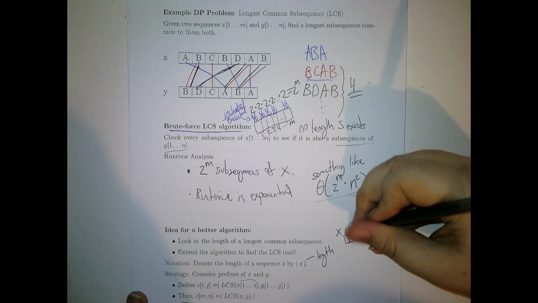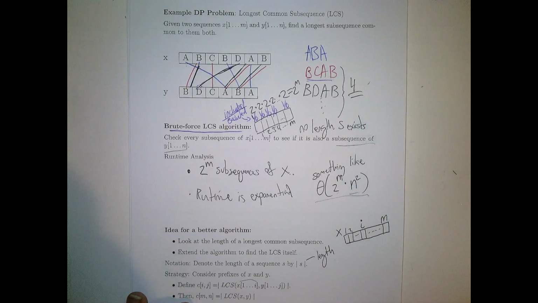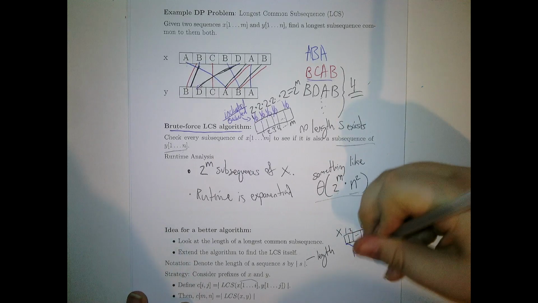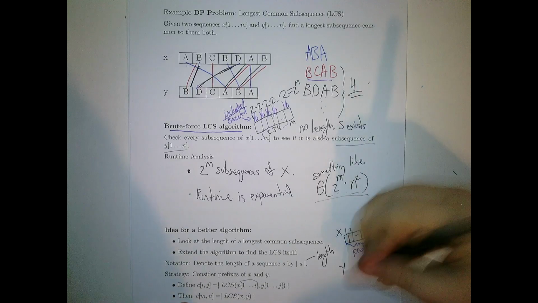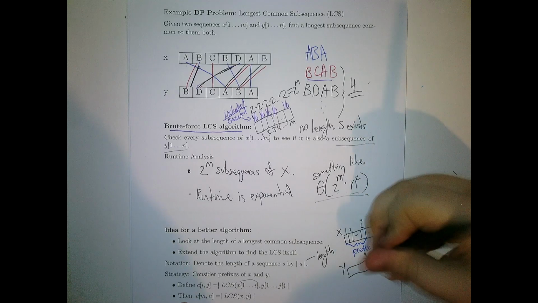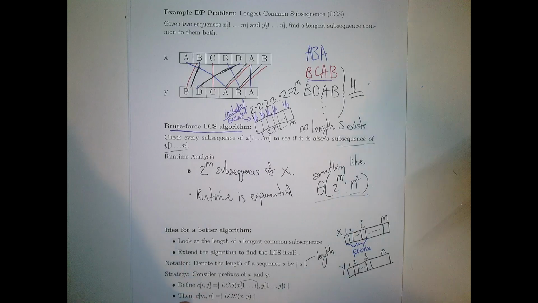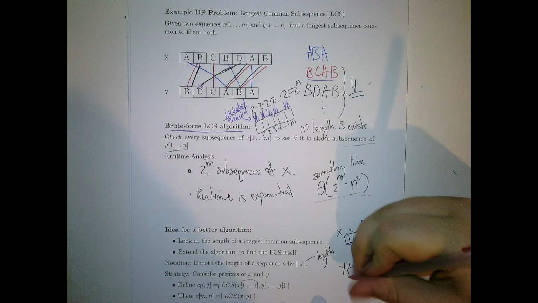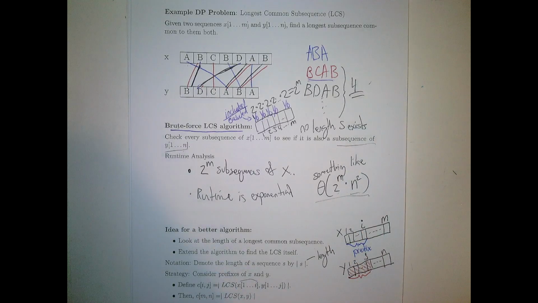From 1 to I. And I'm going to call that the prefix of X. And same thing with Y. We're going to think about Y not all the way to N, but just up to some J, right? So we're thinking about the prefix, the first I or J characters of the strings.